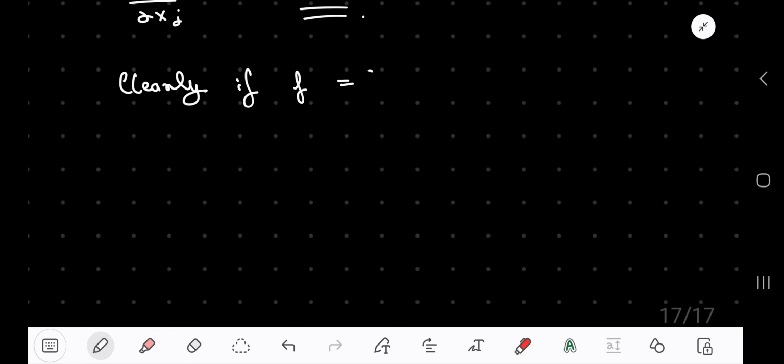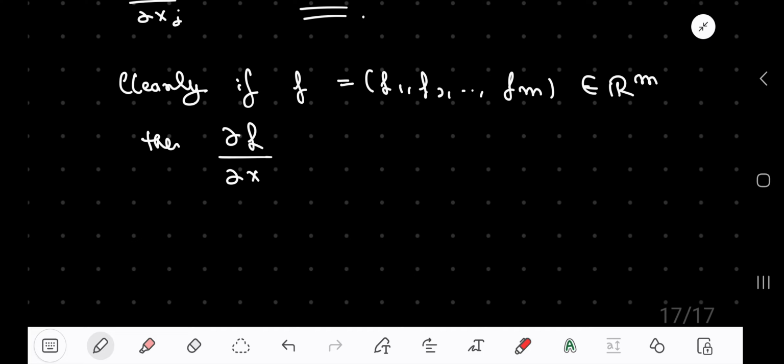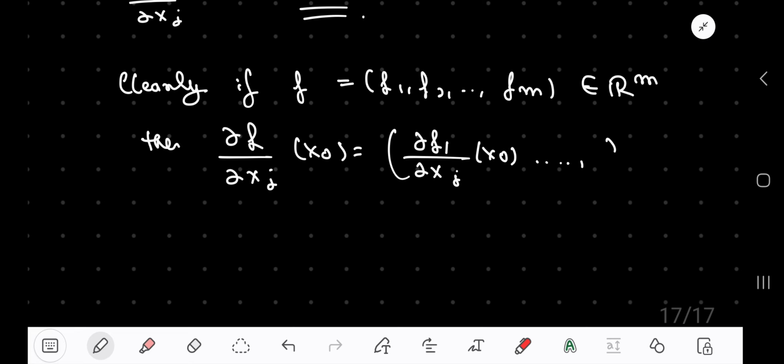if f equals f1, f2, till fm, because the function f is in Rm, so what I mean by f is f at some arbitrary point, then the directional derivative in the j direction at x naught is just the directional derivative of each of these components, and so on.